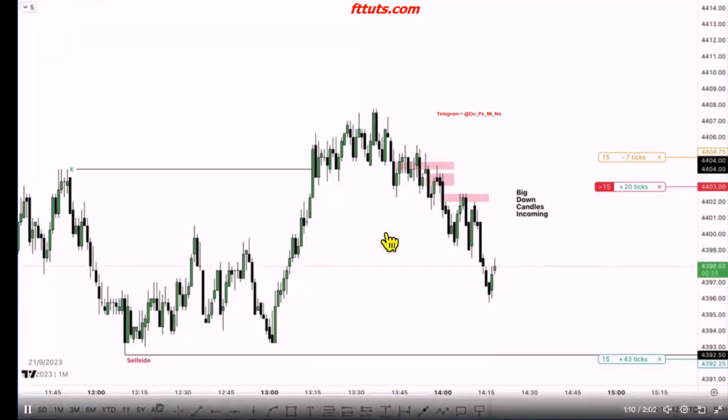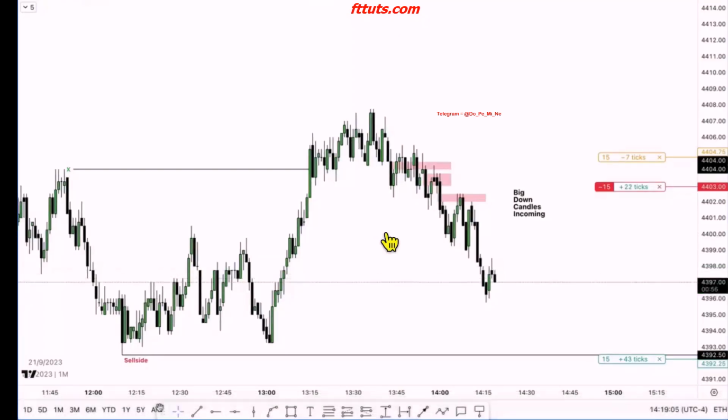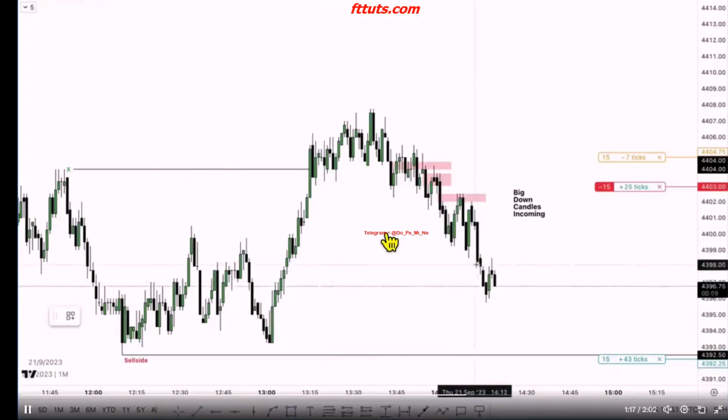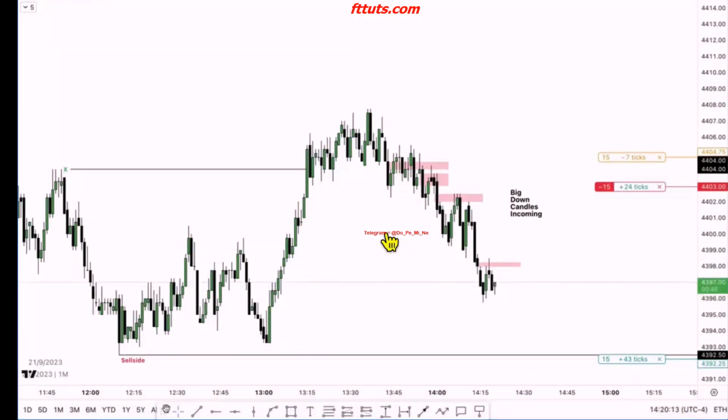So for example, 1 or 2 or 3 upclose candles in a row that get broken through, and then you see the first upclose candle in that series get utilized as resistance from price.